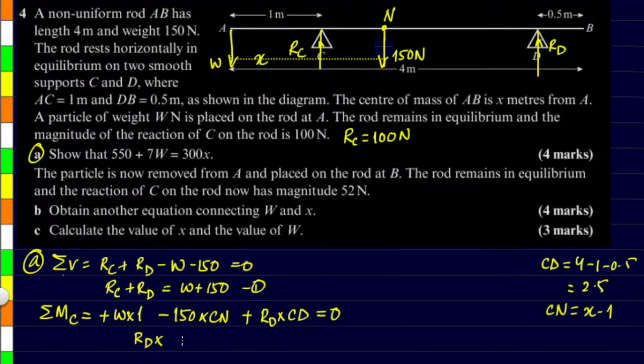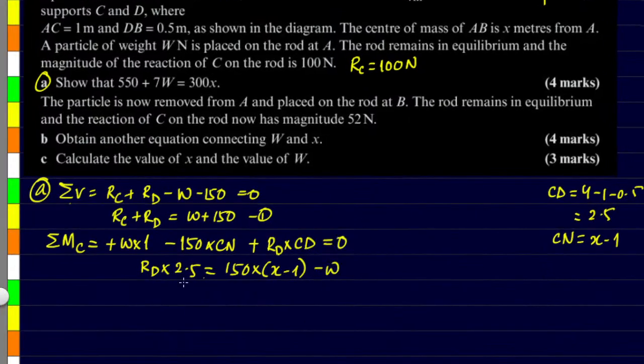So RD into 2.5, send 150 into CN on the other side. CN is x minus 1, and W also, if you send, it will become W. So RD will be equal to 150x minus W minus 150, whole divided by 2.5.